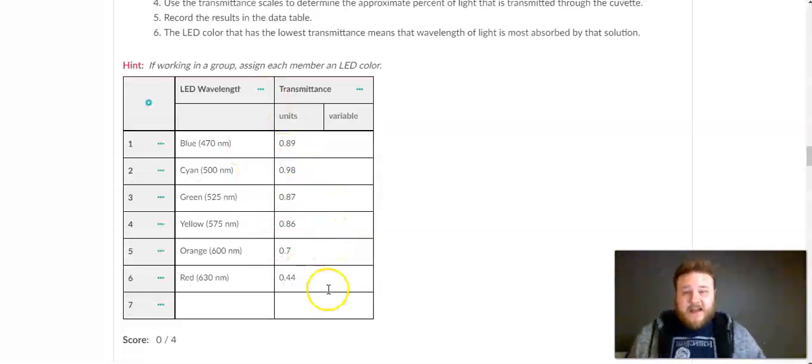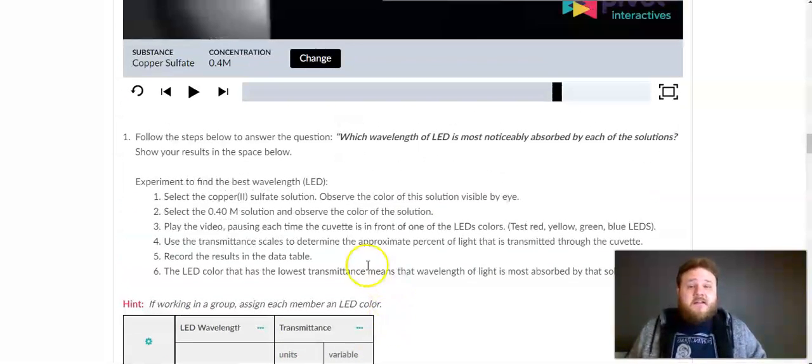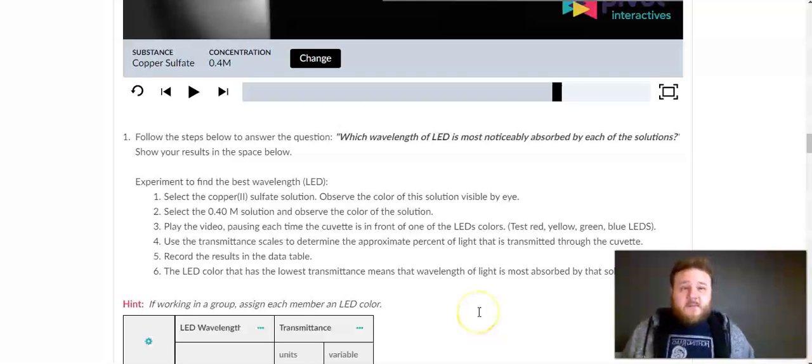I already filled this out. You may not have known that you should have done the LED wavelength in one column and the transmittance in the other. Maybe you weren't totally sure that's what you should be doing. That's okay. Let's look at what it's asking and try to determine how to make the table from what's being asked in the instructions.